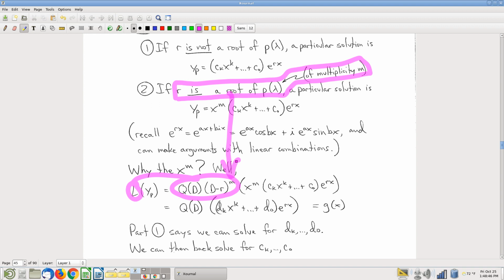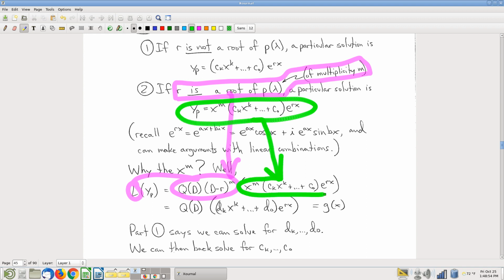And then, in that case, the assertion is that the solution is this. Right? So saying that this thing in green is a solution, it's in the kernel of this operator in purple. I just need to, I said kernel, I don't mean kernel. Sorry, this is non-homogeneous. The right-hand side is g of x. But showing that this gives me g of x is that.